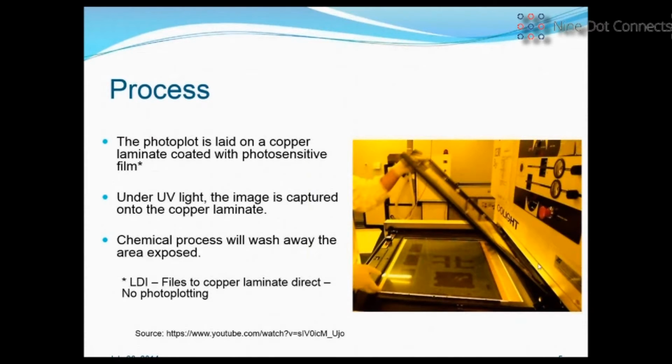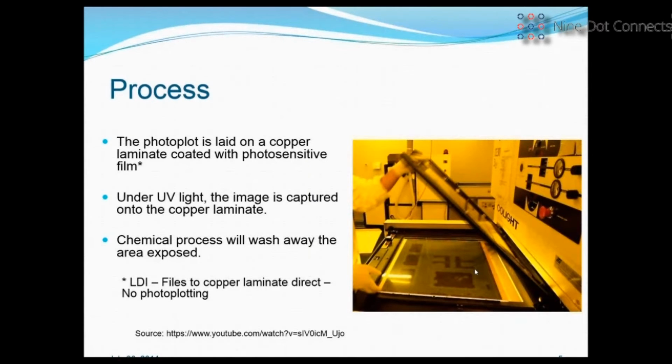Basically, this piece here slides in and out of this piece of equipment, and this plate is pulled up. And then what he would do at this point is he's going to take this piece of transparency, or the photo plot, he's going to take it off, and then he's going to remove the copper, and the area that you want to preserve has been etched into this area over here onto the copper.